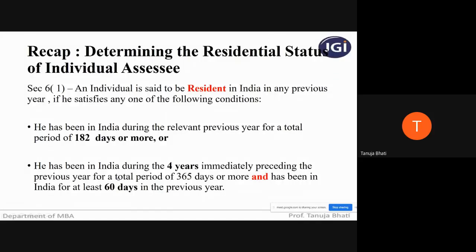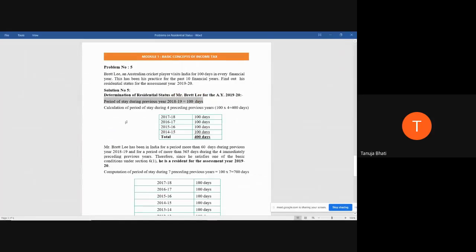Now let us check whether he is fulfilling the second basic condition or not. The second basic condition is his stay in the 4 years immediately preceding the relevant previous year. If the previous year is 1819, the 4 years before that are 1718, 1617, 1516, 1415. In every financial year, he is staying only for 100 days. So his total stay in the 4 years immediately preceding the previous year is 400 days.